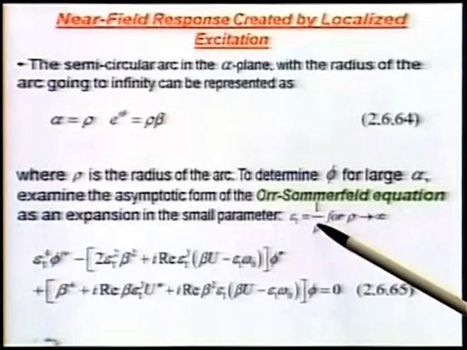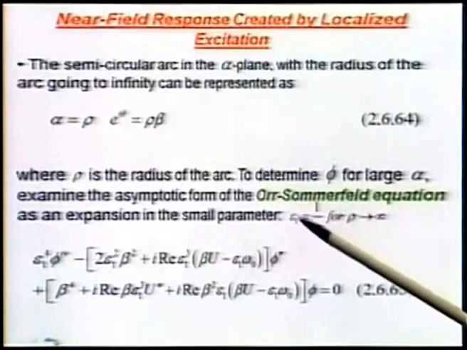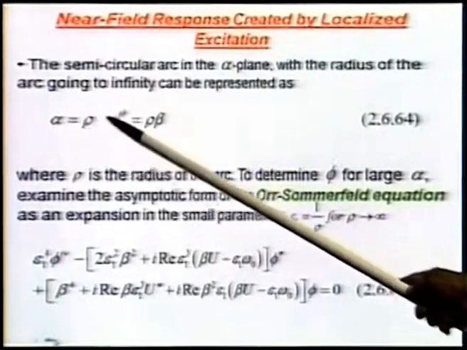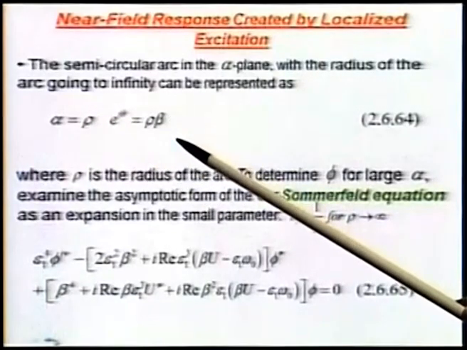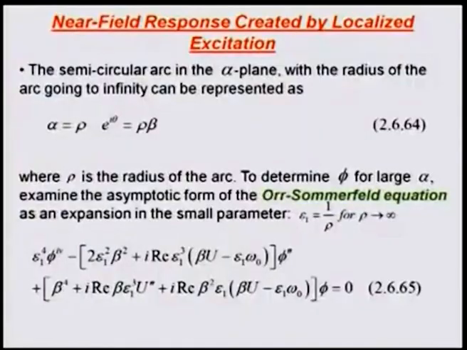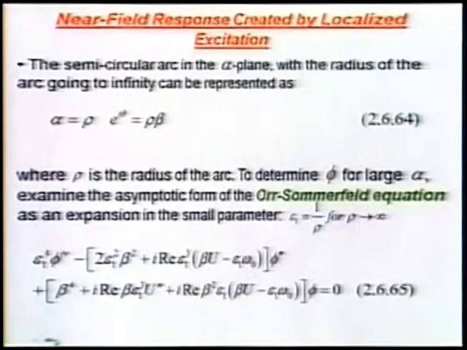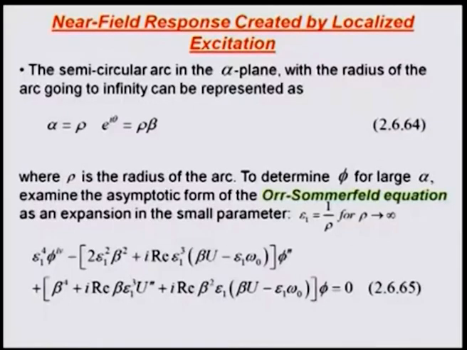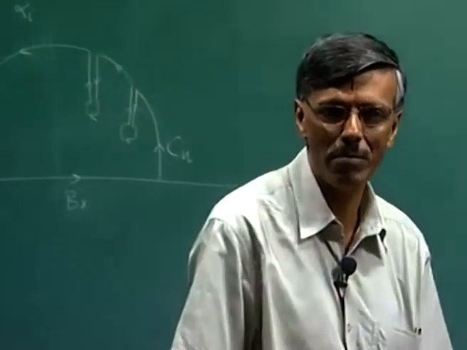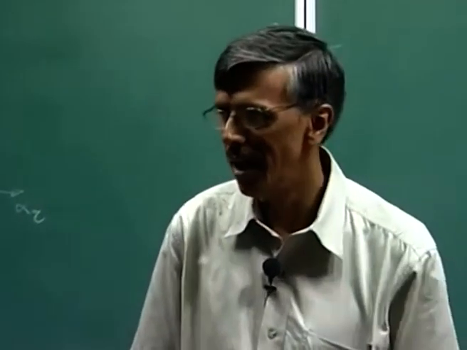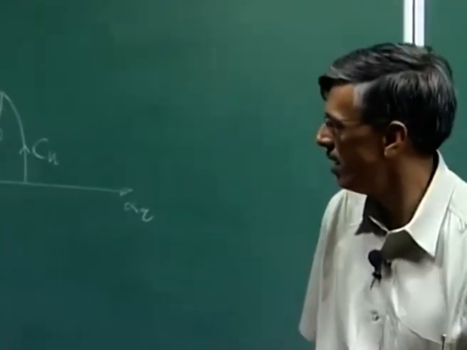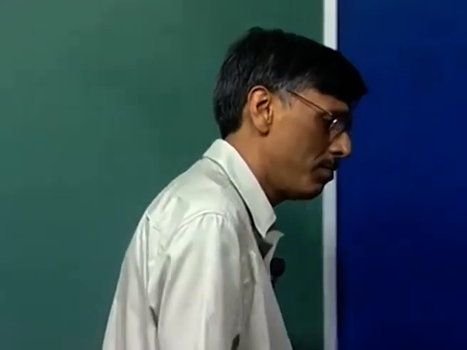And once I decide to do that, I plug the expression alpha equal to beta by epsilon 1 into the Orr-Sommerfeld equation, and I immediately discover the singular perturbation nature of this equation, because the highest derivative is multiplied by the smallest parameter. This is essentially the issue of all singular perturbation problems, like the original problem proposed by Prandtl himself.